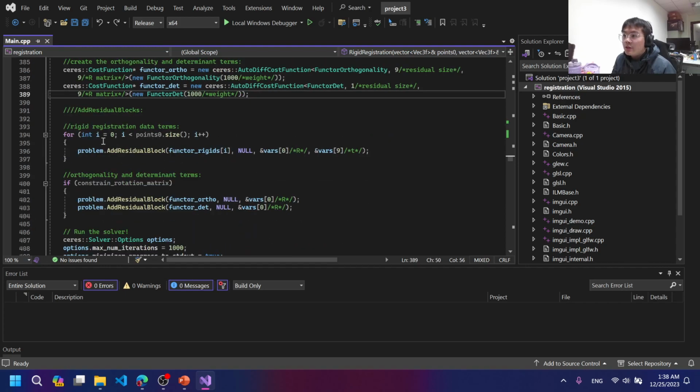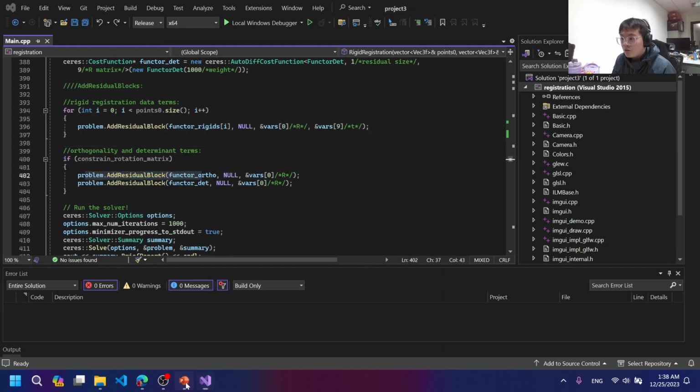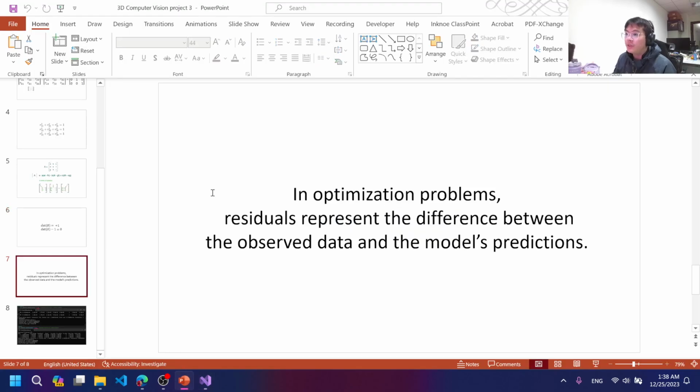And then we have to add the residual blocks. Now you might say why we need the residual blocks.